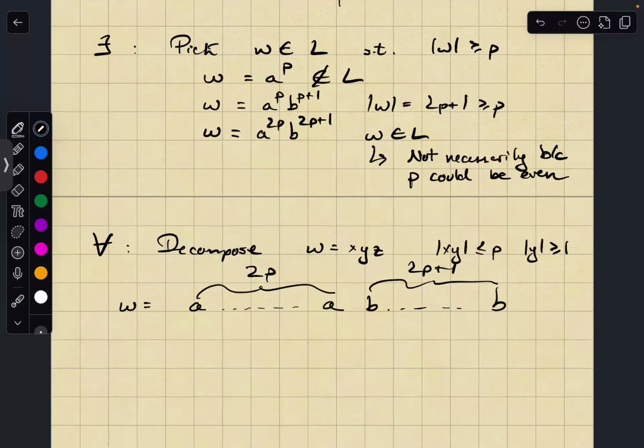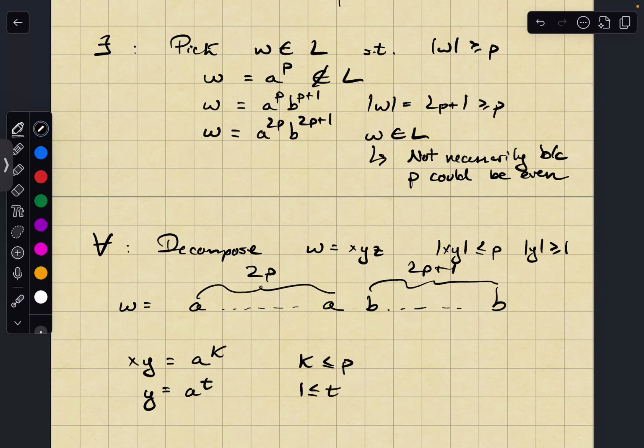So I know, regardless of what the decomposition is, I know that XY is going to be some number of A's. So let's say A power k, where k is at most P. And I also know that the Y's are going to be something like A power t, where t is at least 1.